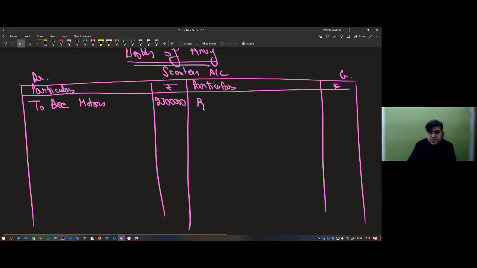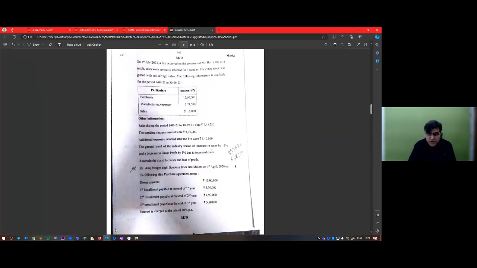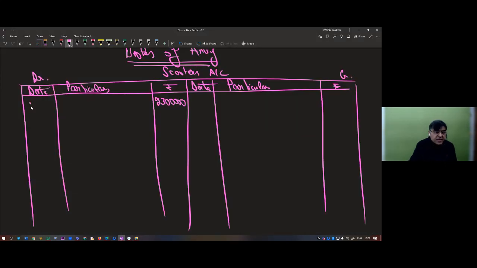Depreciation. Date column. So guys, when we bought the scooter, 1st April 20, from B Motors.